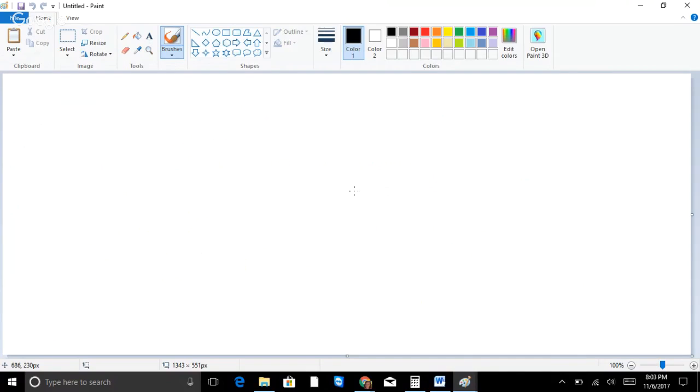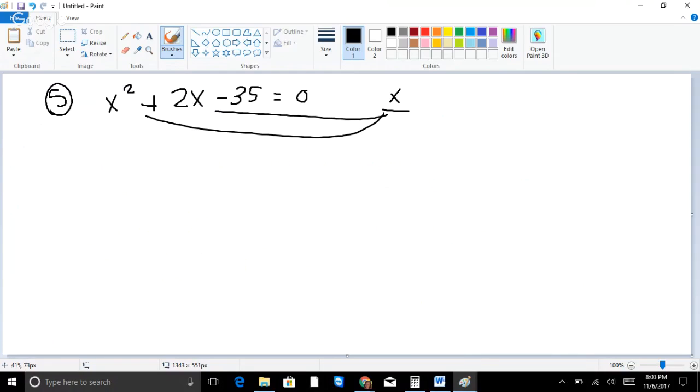All right, so number 5, this is from your notes page, says we have x squared plus 2x minus 35 equals 0, okay? And I want to know what x's make this true. So what do I plug in for x that makes my whole equation equal to 0?